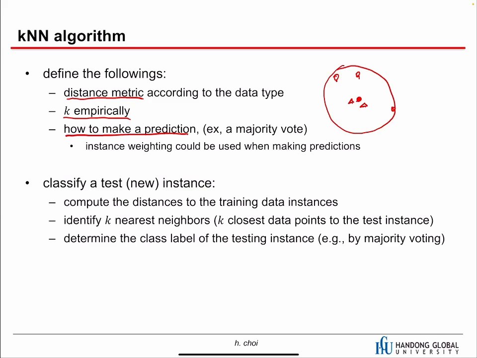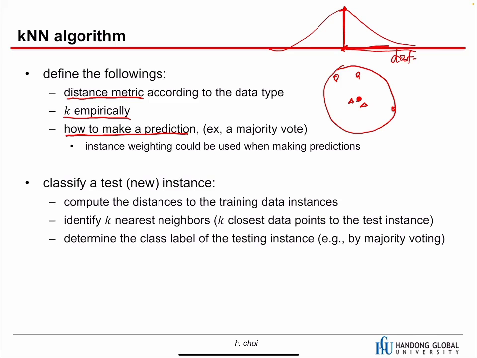Then simply we can use something like a Gaussian distribution, Gaussian functions. In the Gaussian distribution, we have a distance in the exponential function. Let's say this one is a distance. If this distance is 0, then we have a high weight.